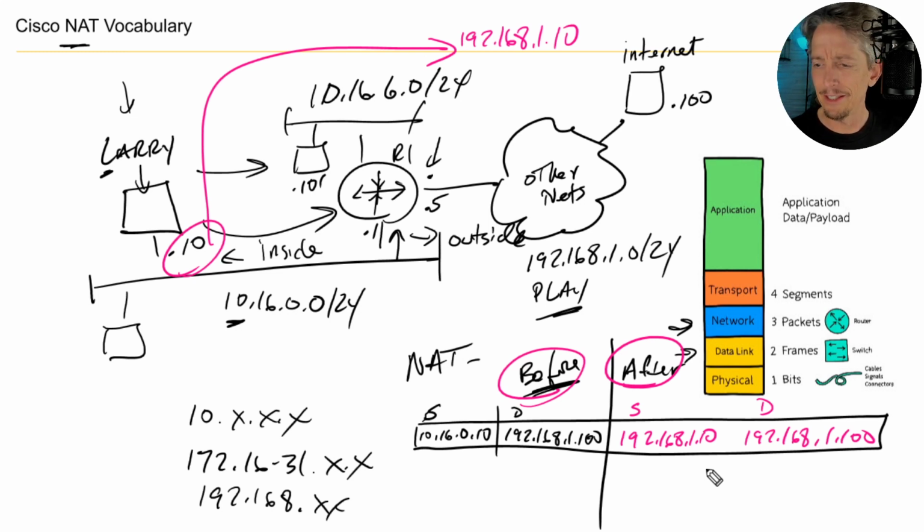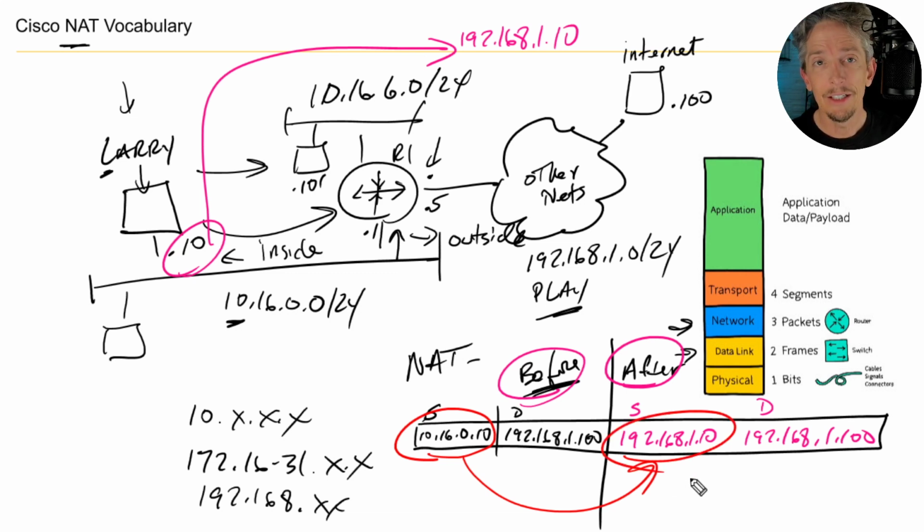And you might say, well, Keith, you just swapped out this source address of Larry, which is now mapped, which is a great way of thinking of it, swapped out to this IP address. So network address translation is swapping out an IP address as it goes through that NAT device. In this case, it's router 1 acting as our NAT device.